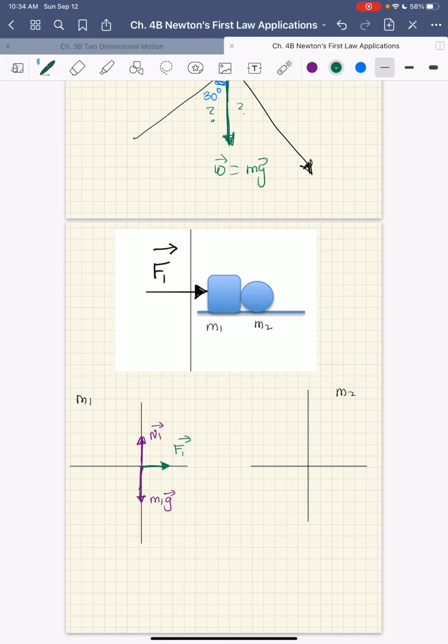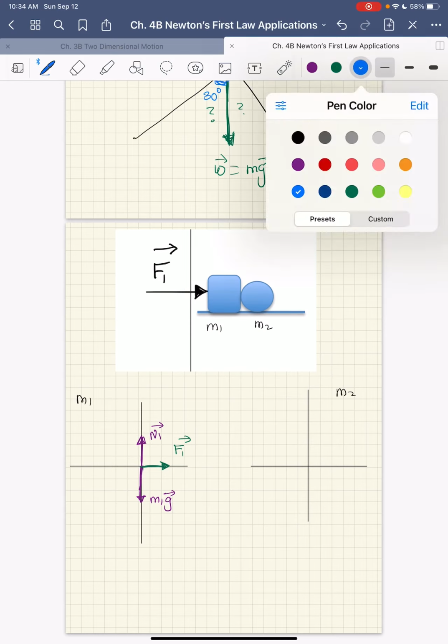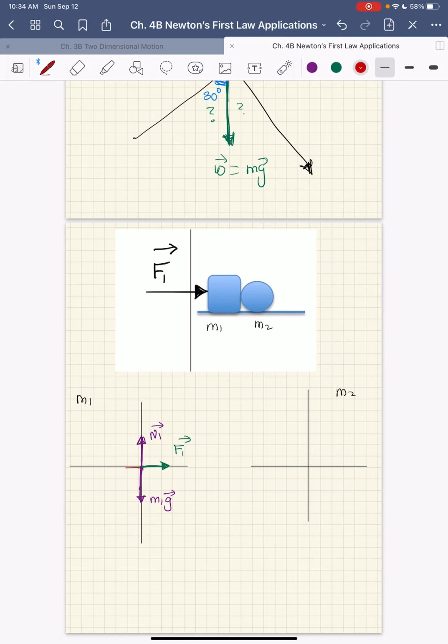Also, that mass on the right is going to exert a force, and this is from 2 on 1. Then this is the free body diagram for this mass.